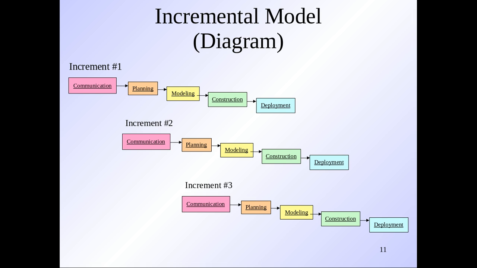In construction, it also takes phases like component reuse and automatic code generation, because we have to implement very fast in the RAD model. So it will reuse your components, like reuse of your code, and automatic code generation, like whatever APIs are included in your project.